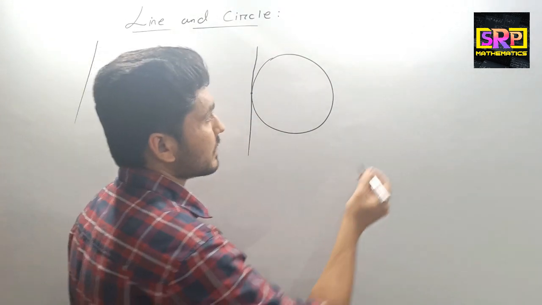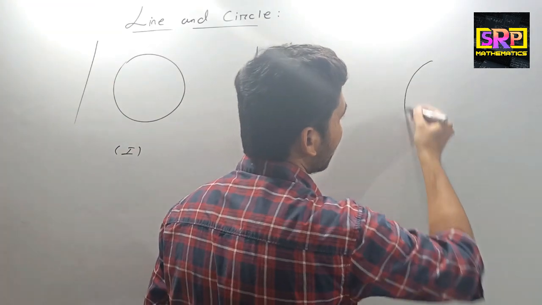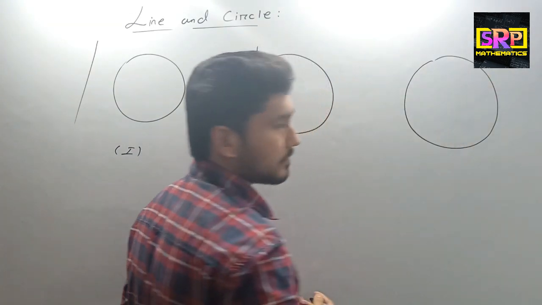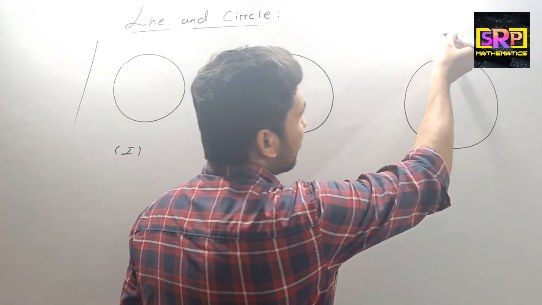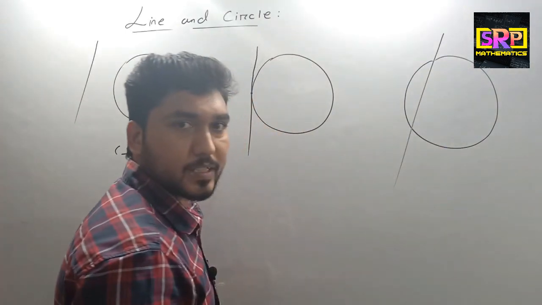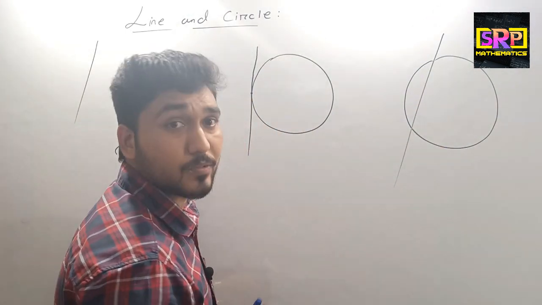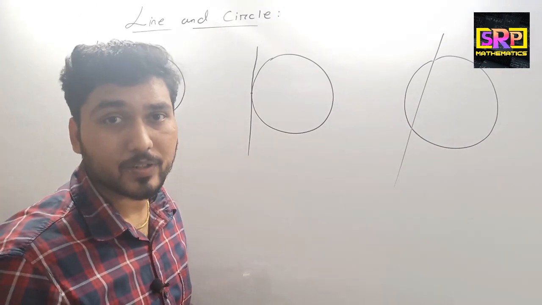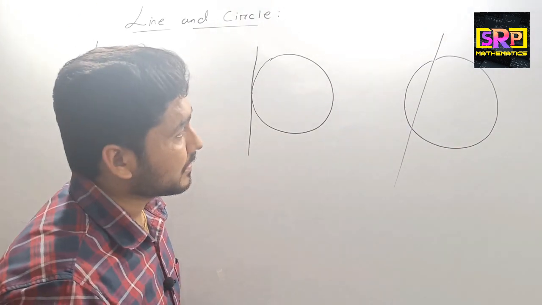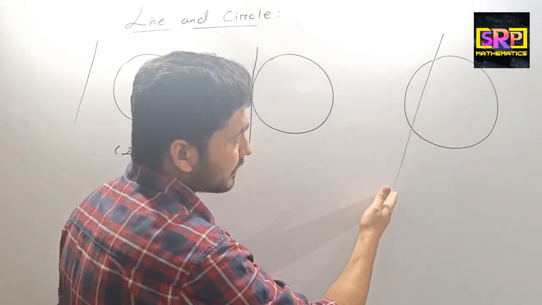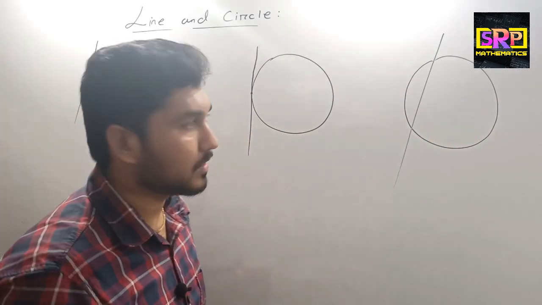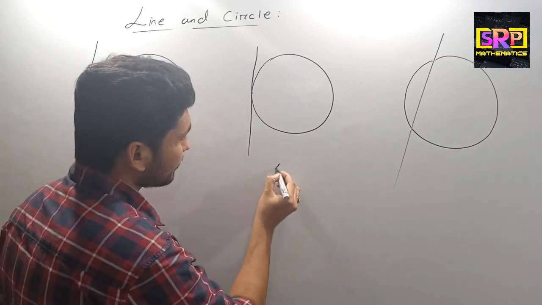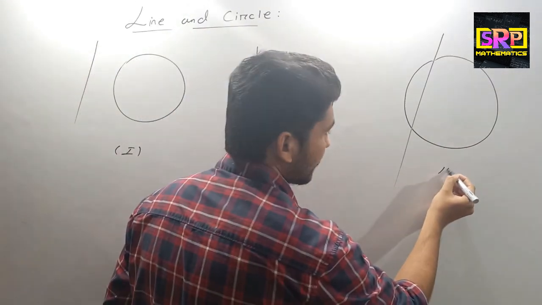What will happen next? After attending some more classes, okay, the line will intersect the circle. That means you know, when the friendship increases a lot, what happens? So I need not explain it. So now what is happening? The line is intersecting the circle. So this is my case 2. This is my case 3.